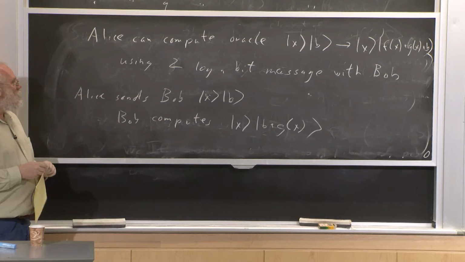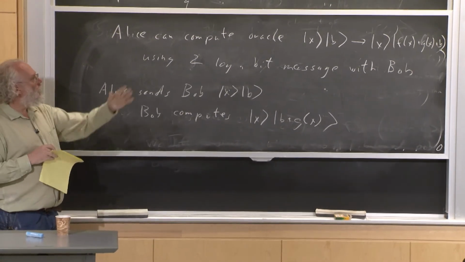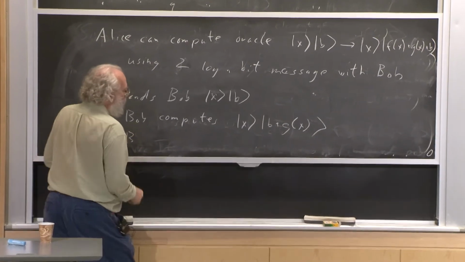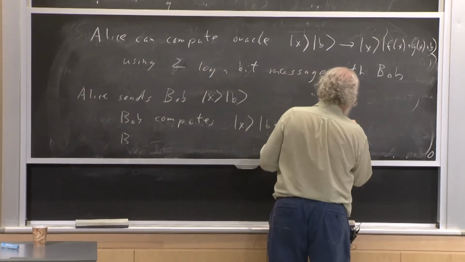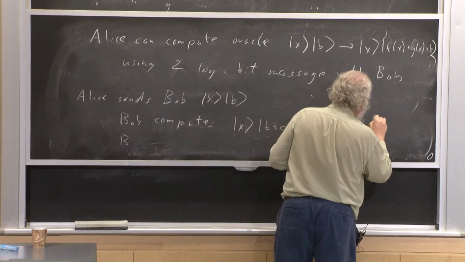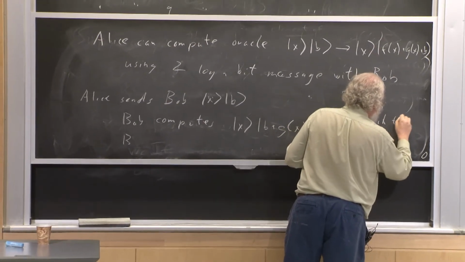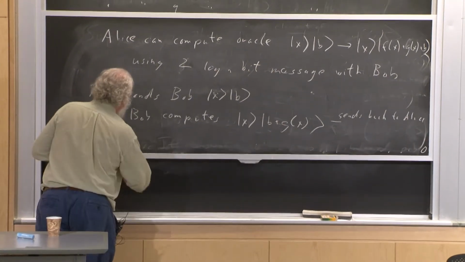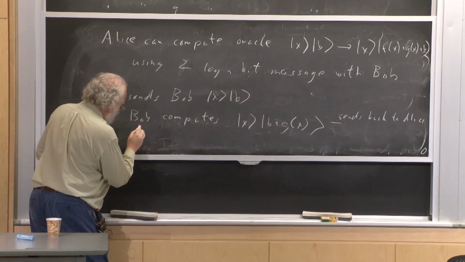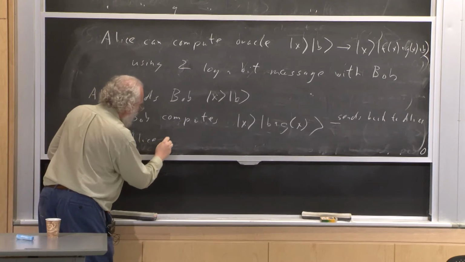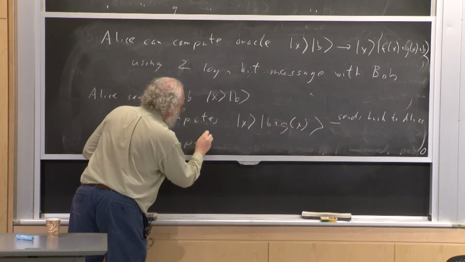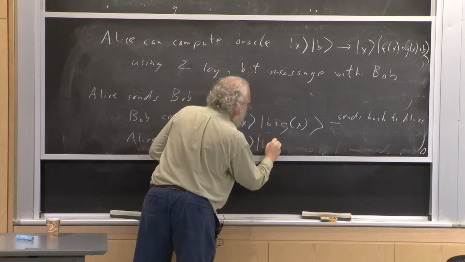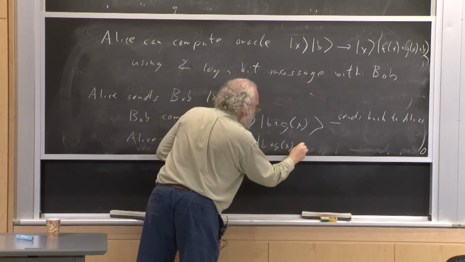So he does this just the same way he did for the Deutsch-Jozsa algorithm and for Grover's algorithm, and sends it back to Alice. Alice computes x b plus g of x plus f of x.